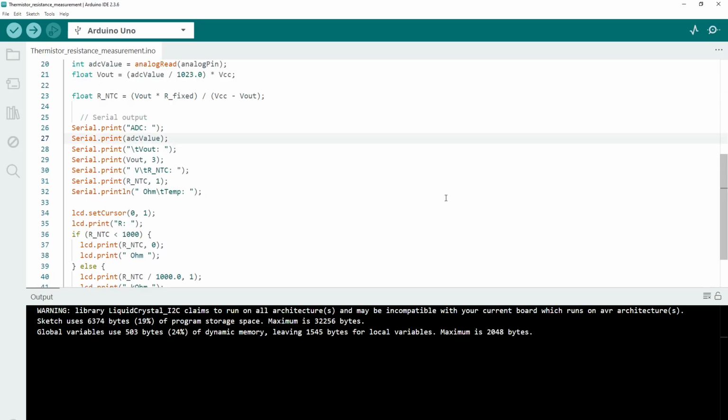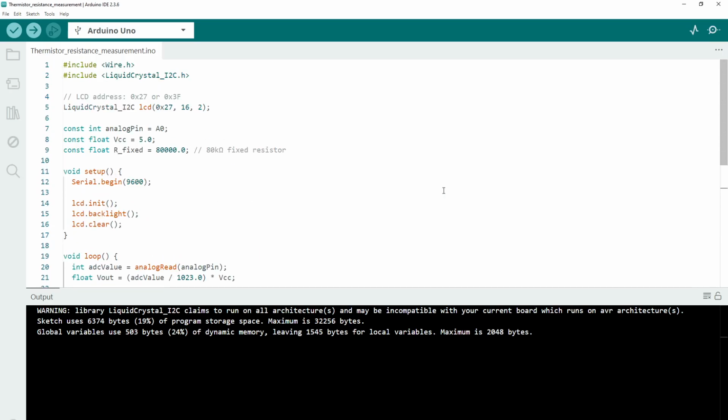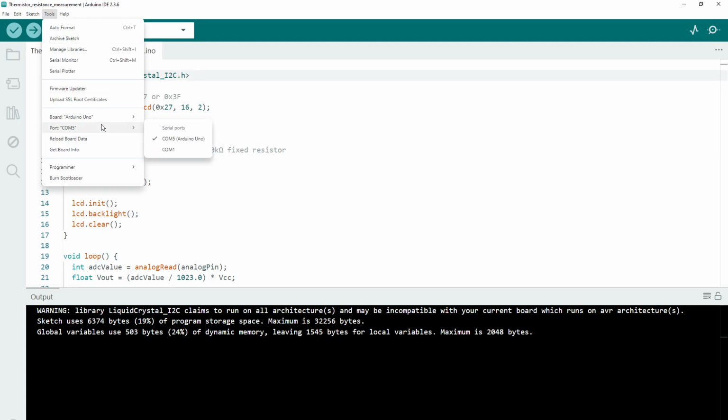There are two programs which we will be using: the thermistor resistance measurement, and the second one is temperature estimation using the coefficients. In order to use this code, you should have connected to the appropriate communications port.